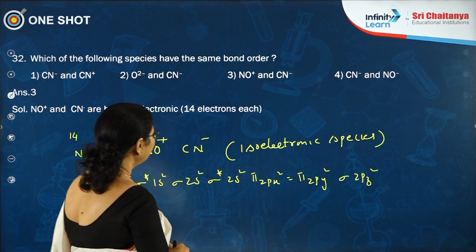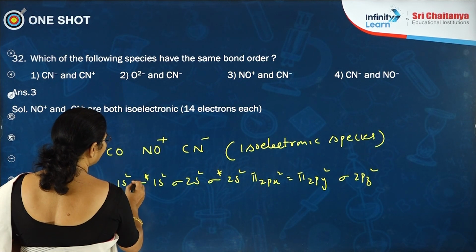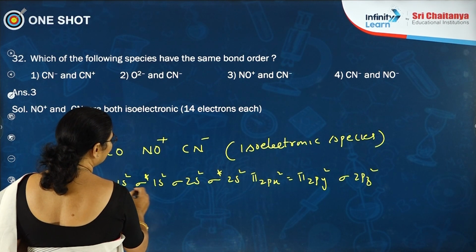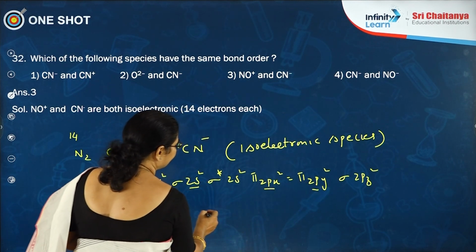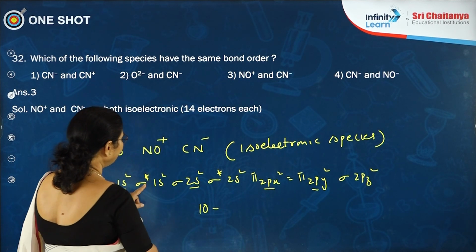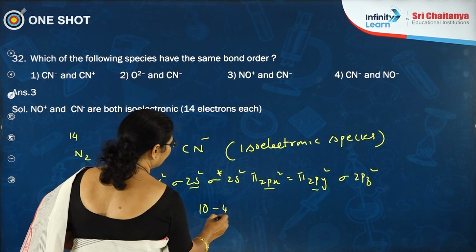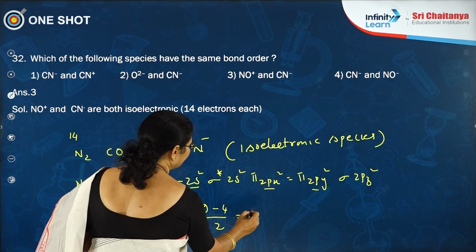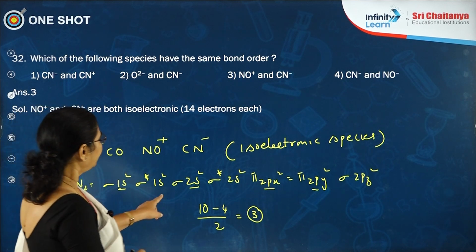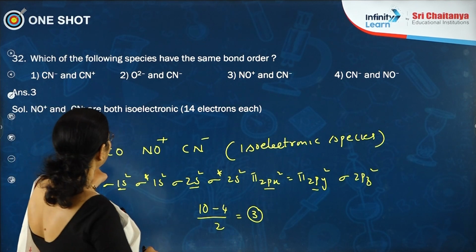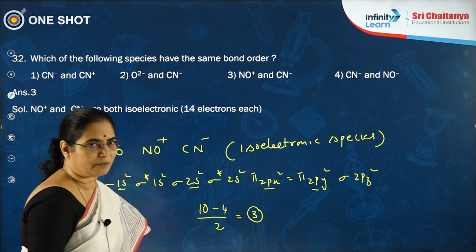Now here bonding orbitals means without stars: 10, minus anti-bonding, with stars, 4, divided by 2, gives 3. So bond order is expected to be 3. For all these species bond order is expected to be 3.